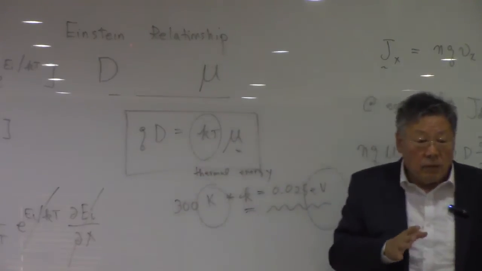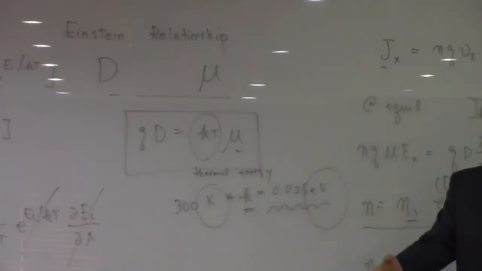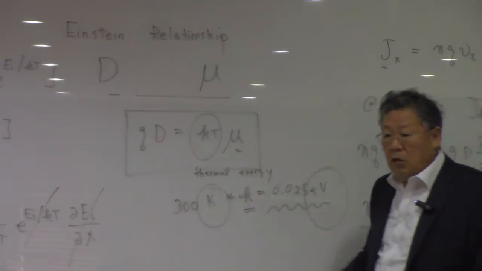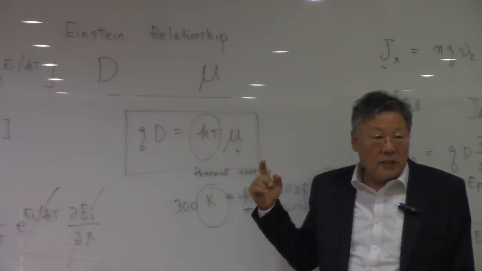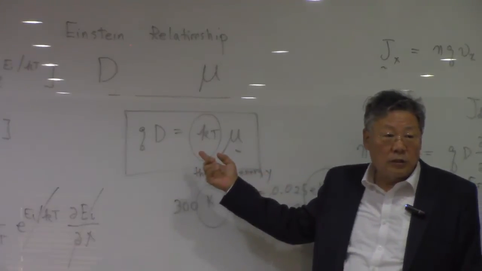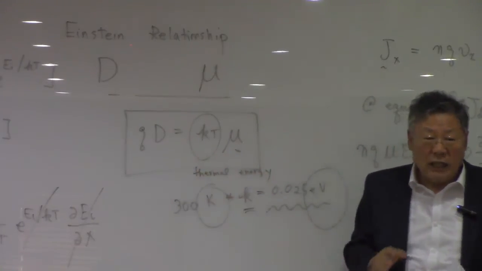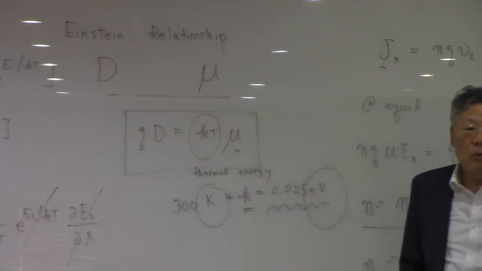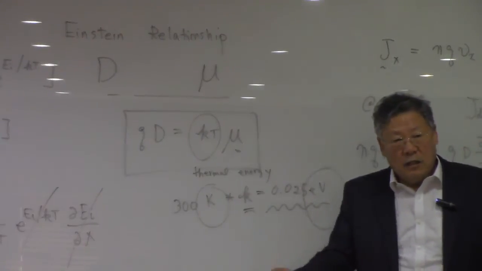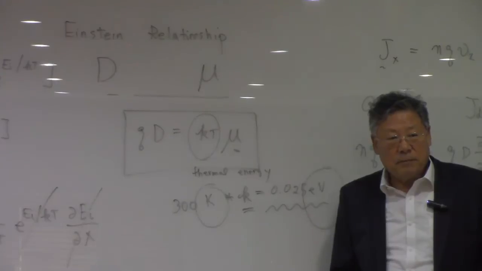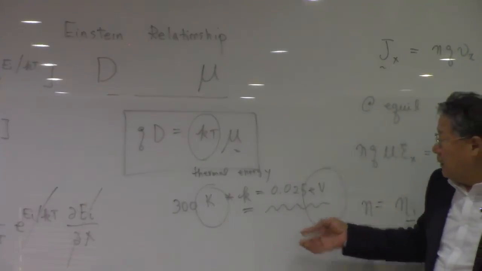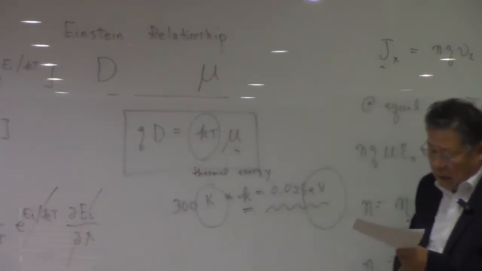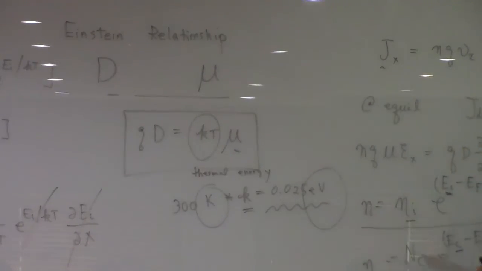Now, if you have a diffusion coefficient in certain specific metals, you can convert to the electron mobility with the Einstein equation, even though you are not actually having any mobility inside the metals, because you cannot have the electric field inside. So this is a very important and useful relation.